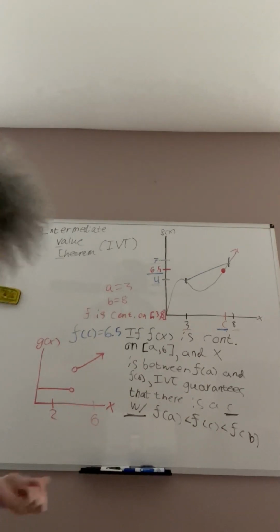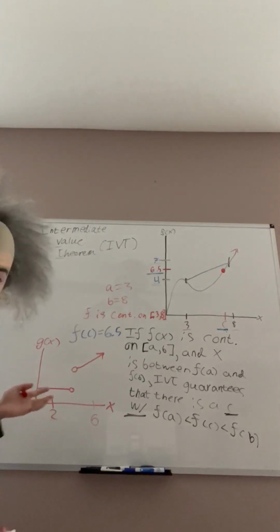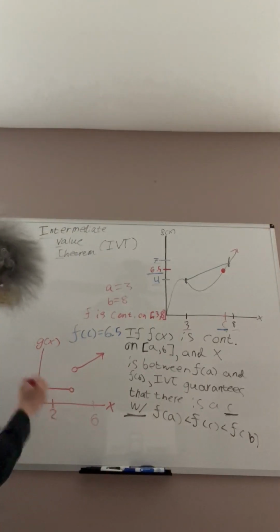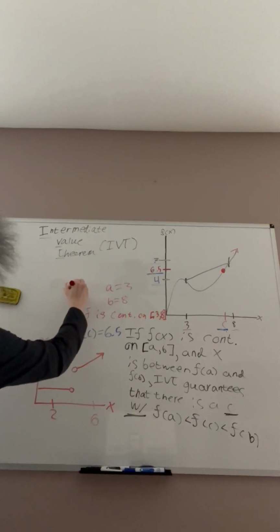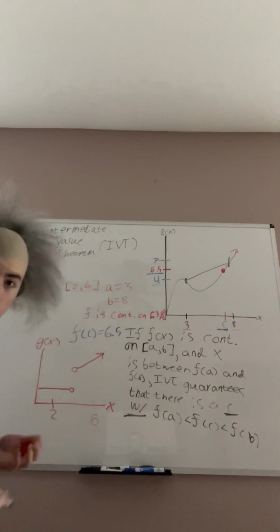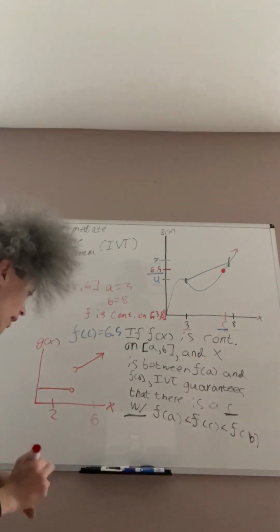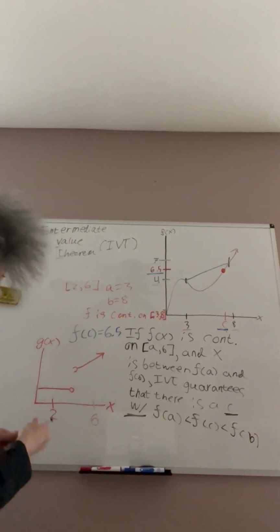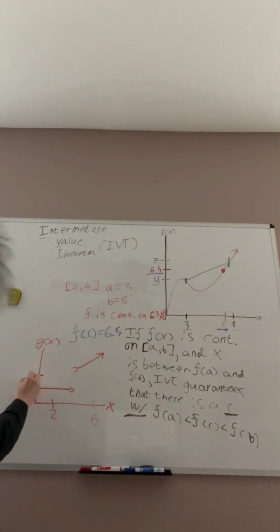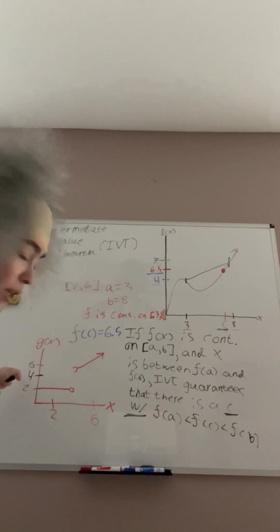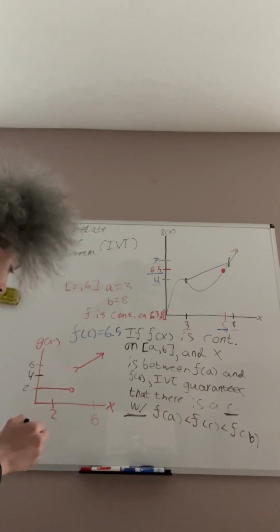In this case, the intermediate value theorem cannot say anything about this function because there is a discontinuity on our interval. Because this function is not continuous, the IVT cannot guarantee that a value, let's say 4, exists, because this function is not continuous.